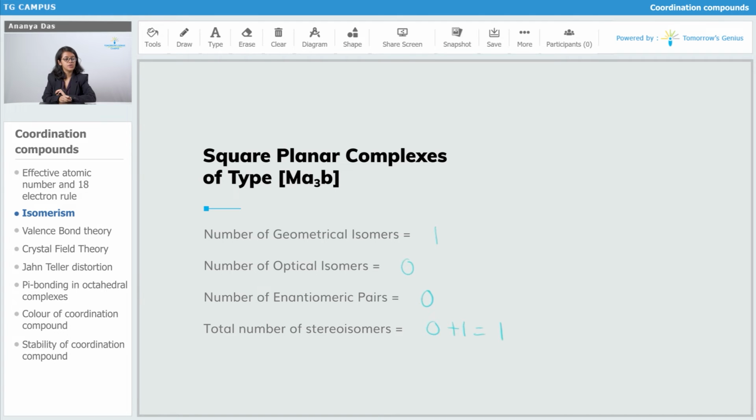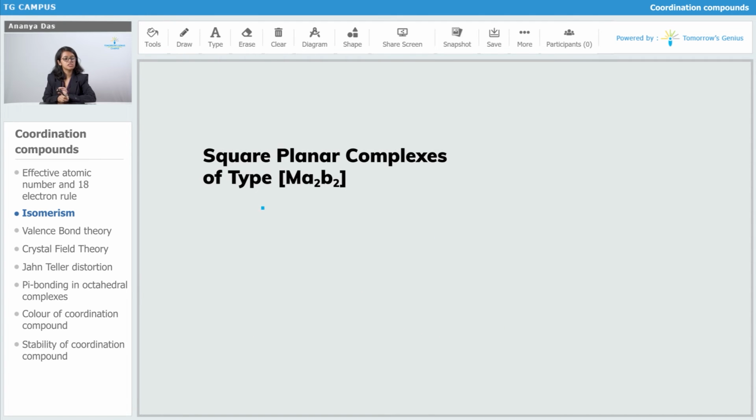Next we come to the square planar complexes of the type MA2B2. This is the first possible pair in this. A is trans to B, A is trans to B. Again this is optically inactive. All square planar complexes are optically inactive unless there are some exceptions.